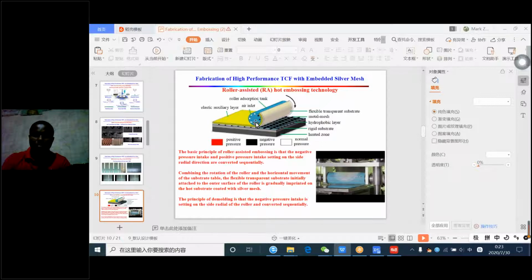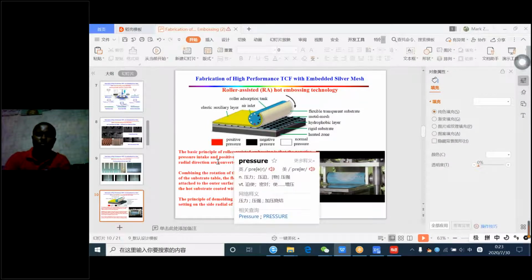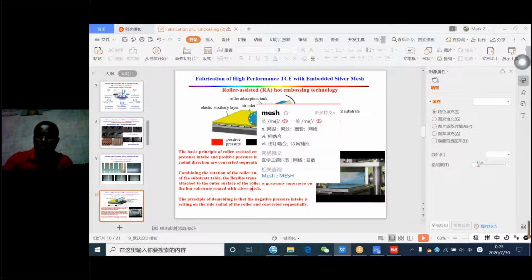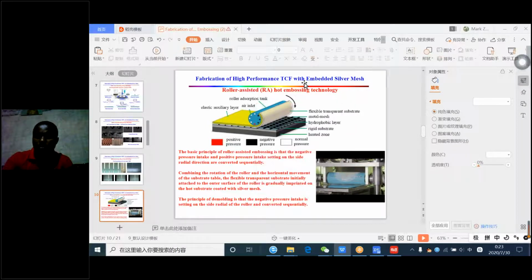Combining the rotation of the roller and the horizontal movement of the substrate table, the flexible transparent substrate initially attached to the outer surface of the roller is gradually imprinted on the hot substrate coated with a silver mesh.